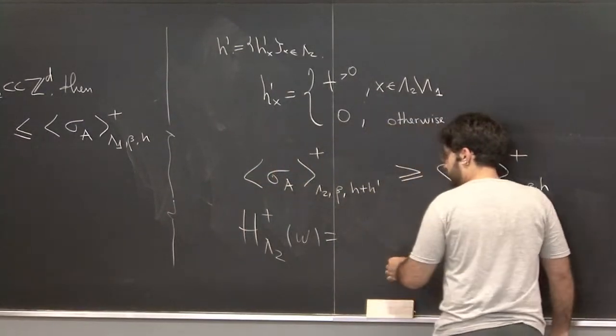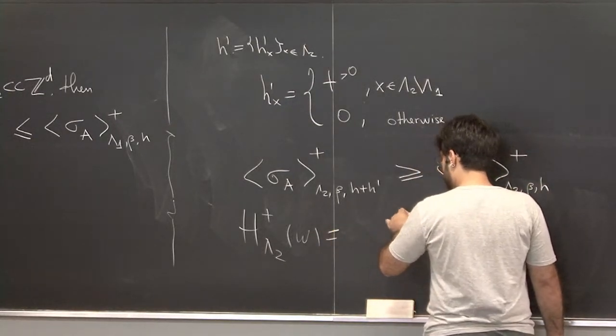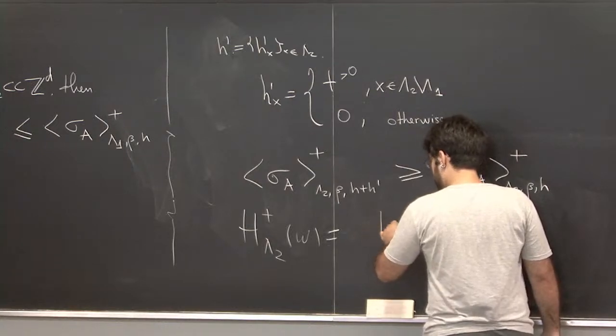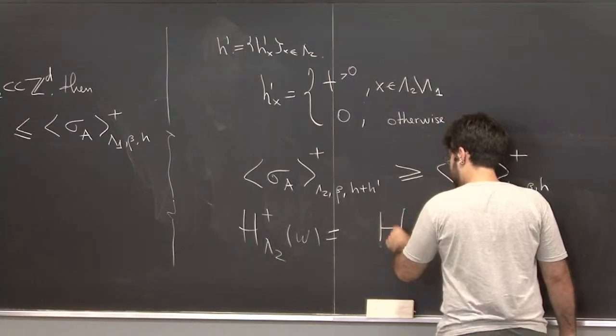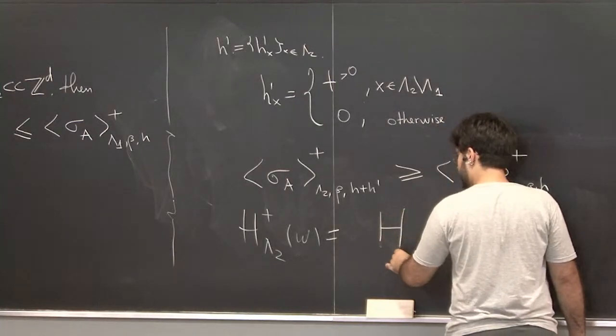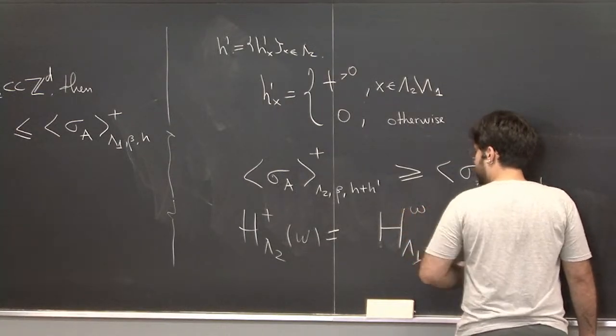using the following expression. We had the sum of two terms. This is the first Hamiltonian on the local box with a different boundary condition.